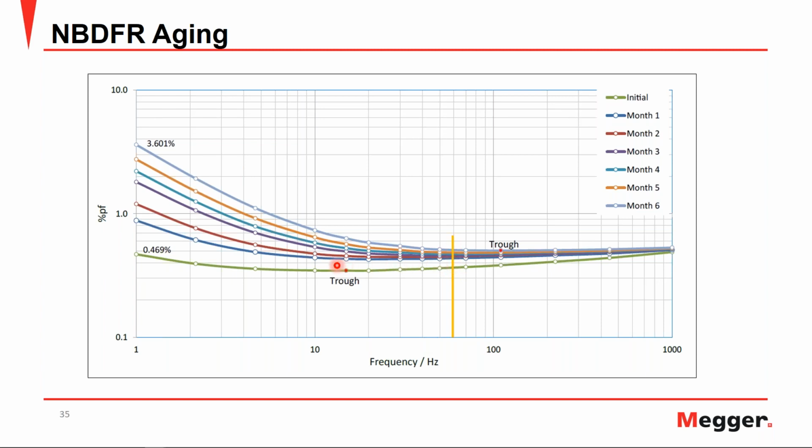Also, you can see the trough, or the low part of the curve, migrate towards higher frequencies as the aging takes place. So again, highlighting the advantages of narrowband DFR and the higher sensitivity at the low frequencies, as well as the broader picture rather than just looking at the 1 point here at line frequency.